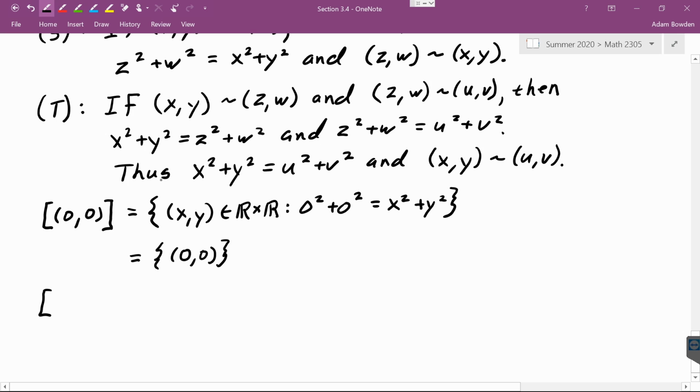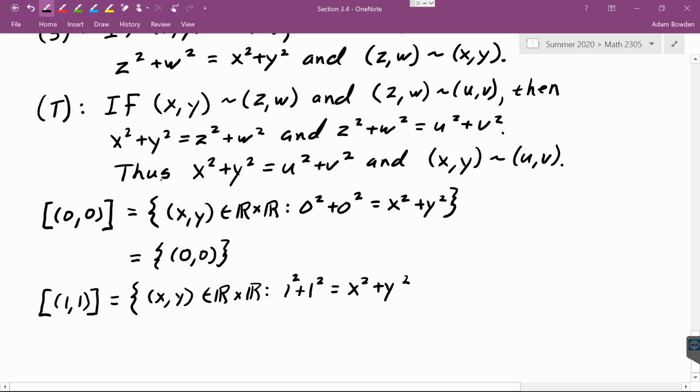Now if we look at the equivalence class for the ordered pair (1, 1), we're looking at all ordered pairs (x, y) of real numbers such that 1 squared plus 1 squared is equal to x squared plus y squared. That's going to be equal to the set of all (x, y) in the real number set cross the real number set, such that x squared plus y squared is equal to 2.